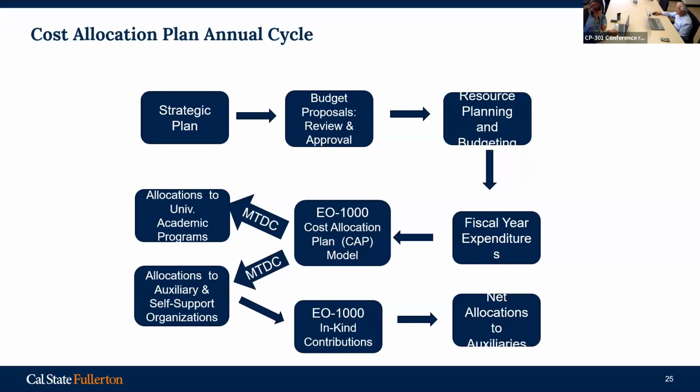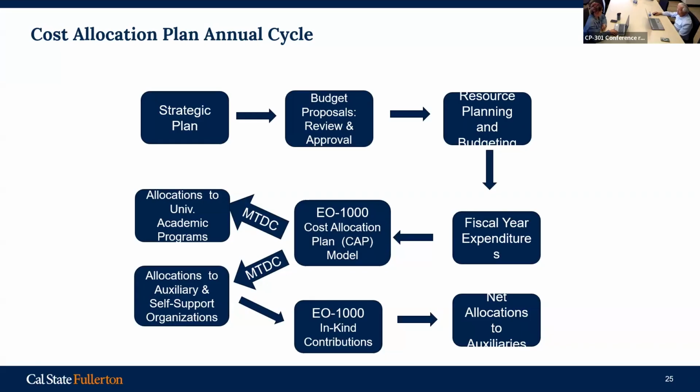We access the data warehouse, and at the end of the fiscal year, a month or one day after closure, we start thinking about the EO 1000, the cost allocation plan, and develop the cost goals, all those things. And a big chunk of that is allocated to the university direct function, which is instruction. That's why you have a big, thick arrow. Most of them will go to the instructional function, and the remaining ones are allocated to the auxiliary and self-support.